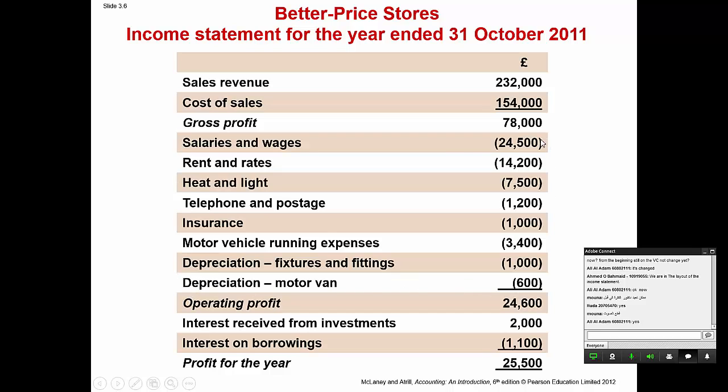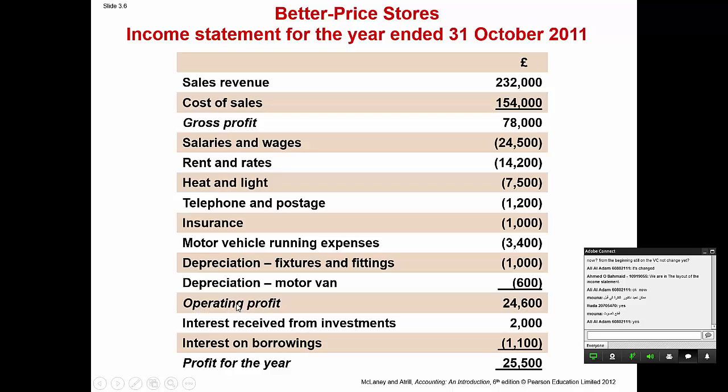All of these, from the salaries and wages until the depreciation of the motor van, we can call operating expenses.